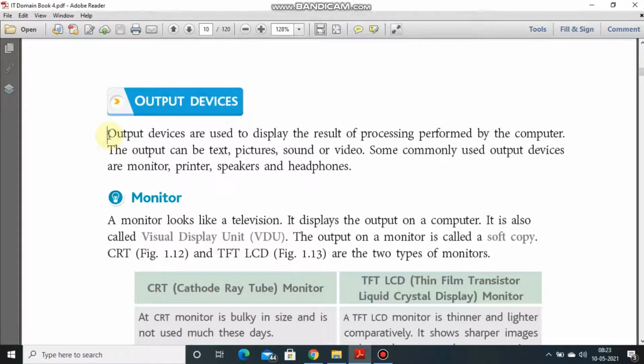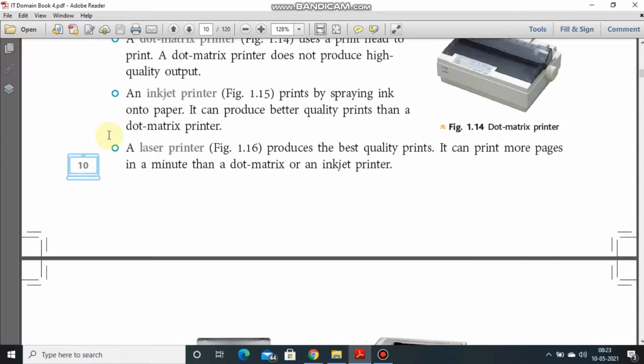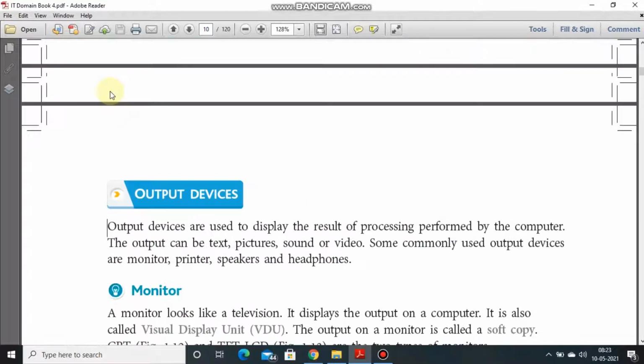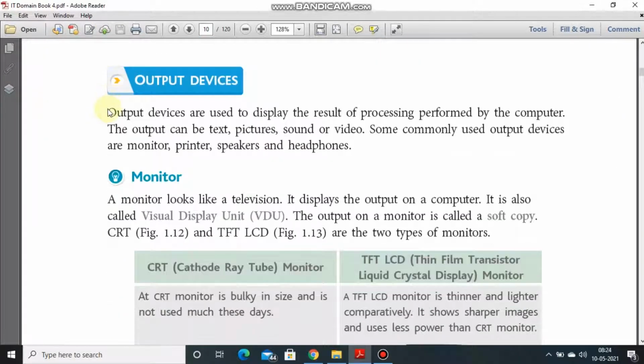I would request you to kindly take out your book, page number 10, output devices. Output devices are used to display the result of processing performed by the computer. The output can be text, pictures, sound, or video.